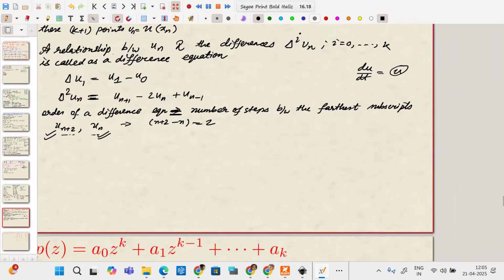Okay, fine. So how does a difference equation look?